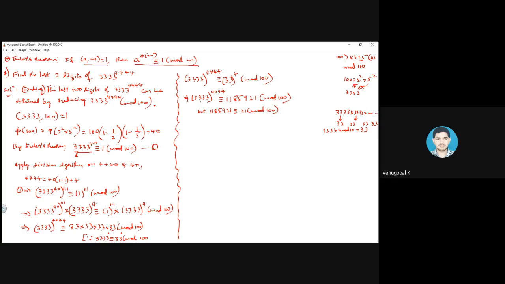There, see, A is congruent to B congruent to C, mod the same 100. Therefore, we can conclude that 3333 power 4444 is congruent to 21 mod 100, which implies 21.